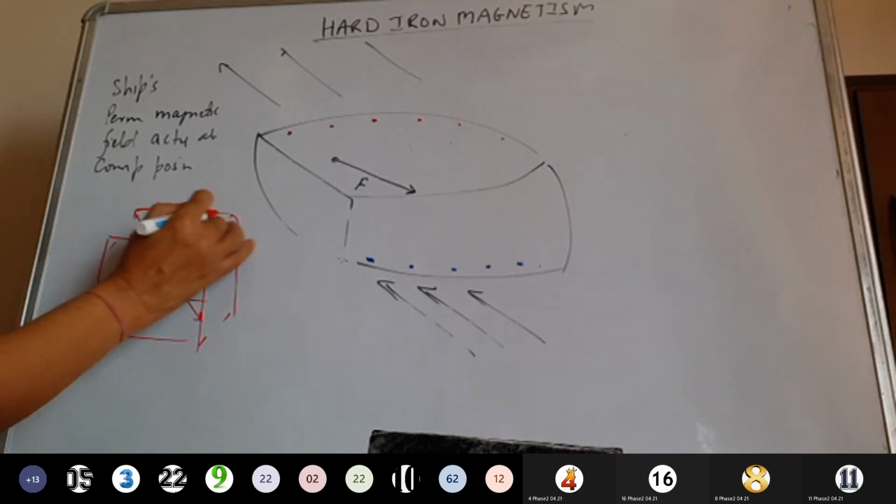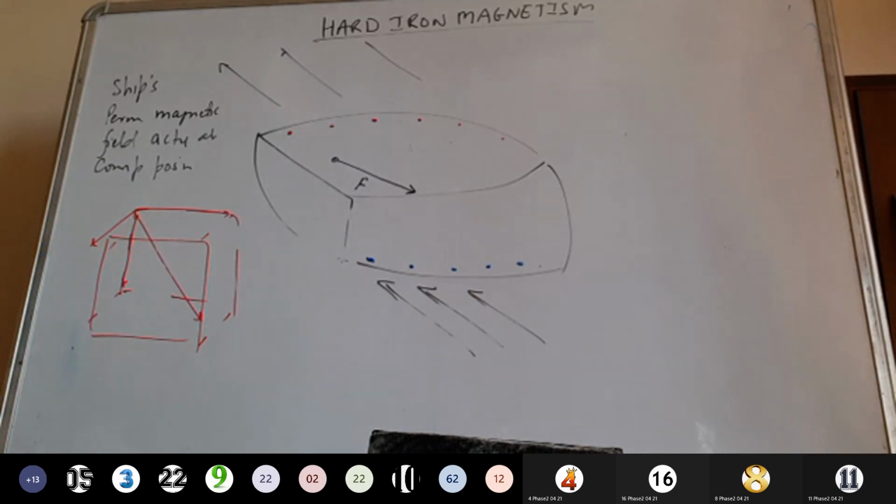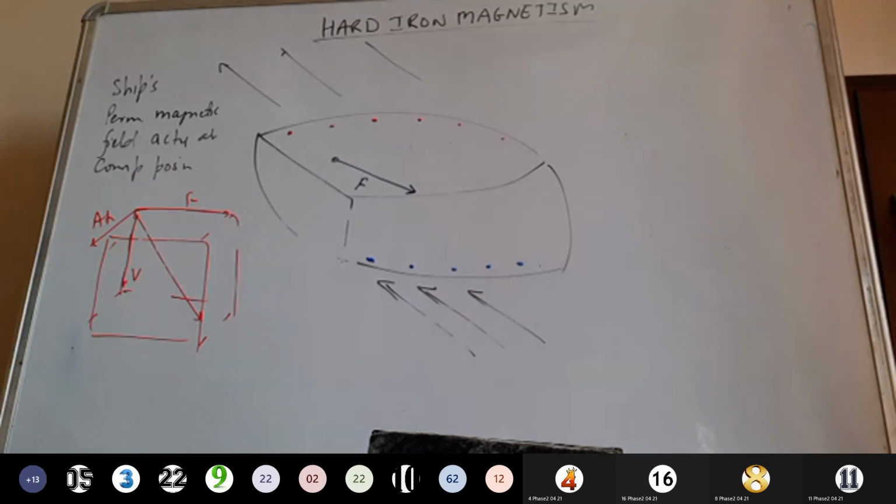You can resolve this into this component and this component and this component, correct? So this becomes your athwartship component, this becomes your fore and aft component, and this becomes your vertical component. Okay? Yes, sir.